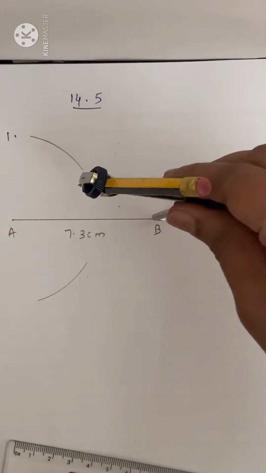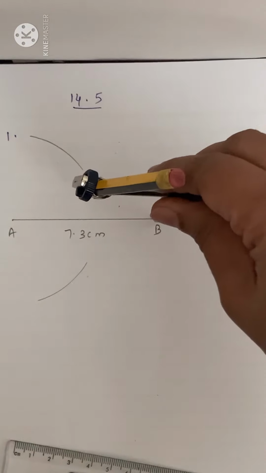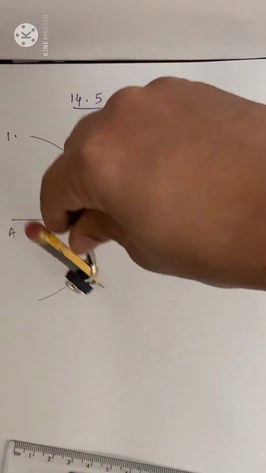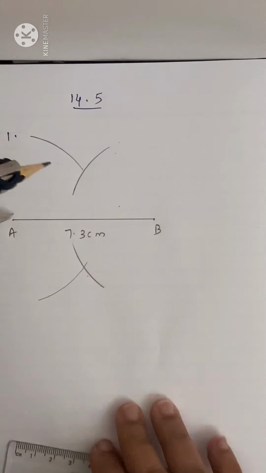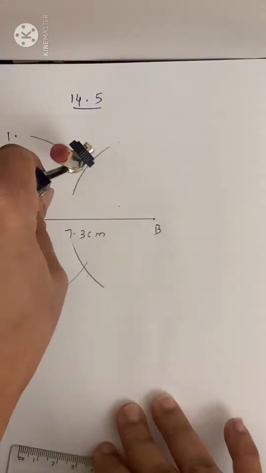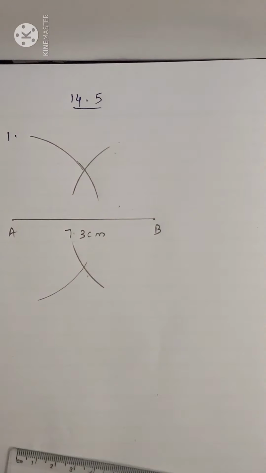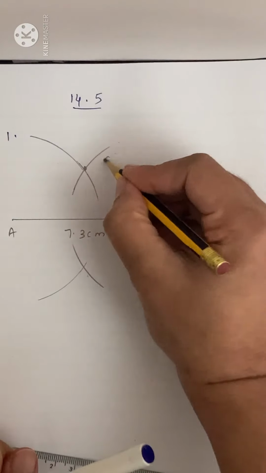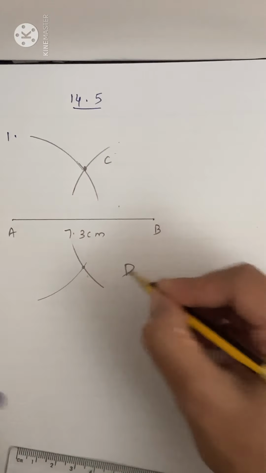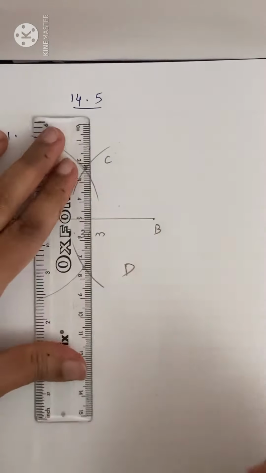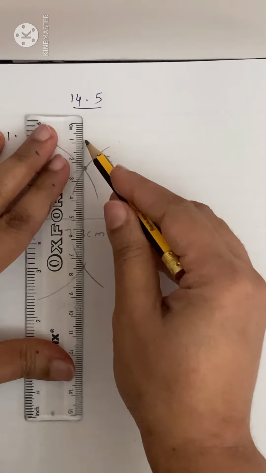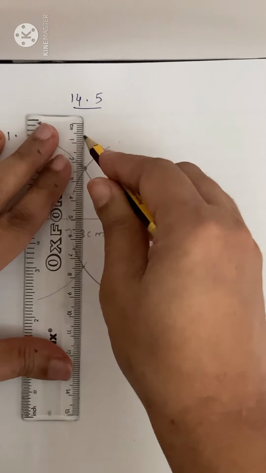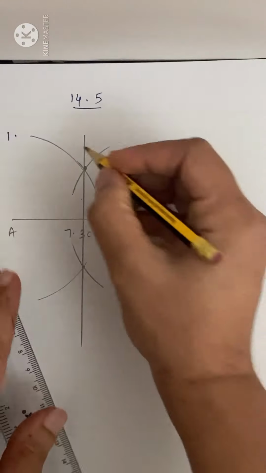And with B as center, draw the arc like this. The two arcs should intersect each other. Now mark the intersecting points as C and D. Join C and D using ruler.